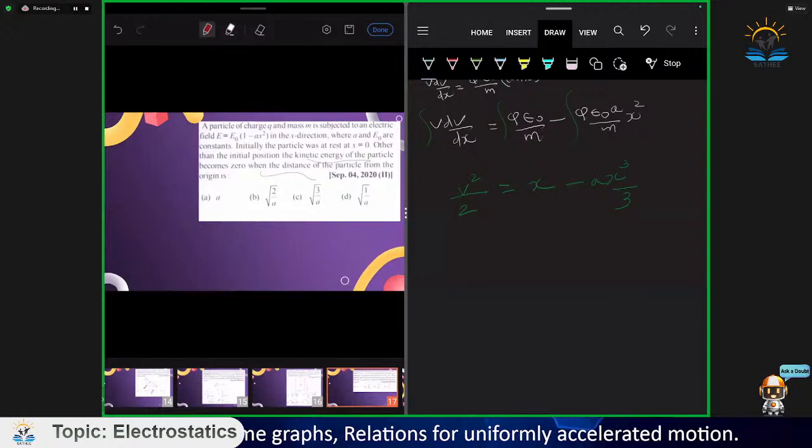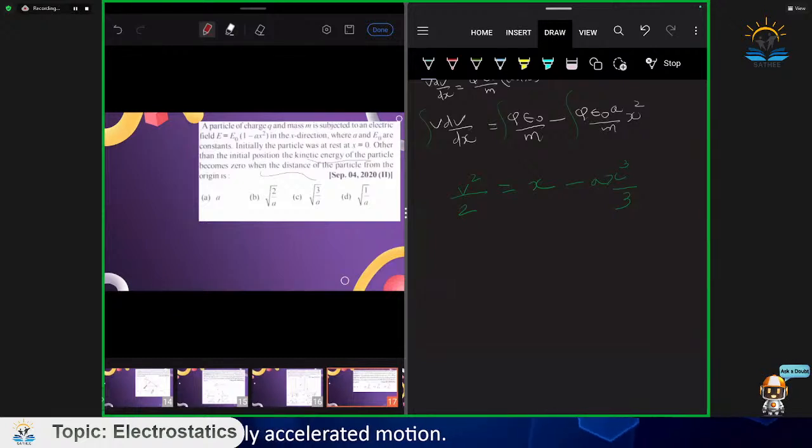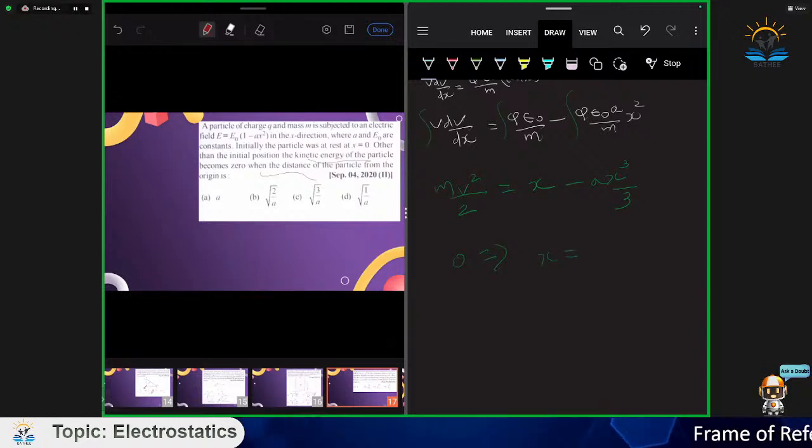So when the distance of the particle originates, if kinetic energy becomes 0, I'm taking m this side, so m v square by 2. If it becomes 0, that means x is equal to A x cube by 3.